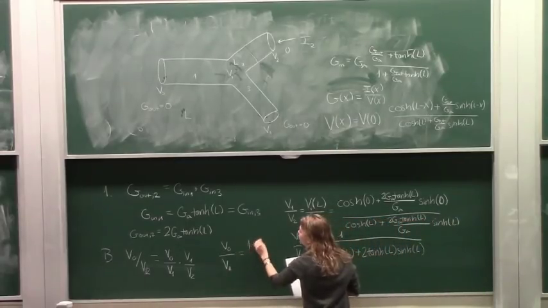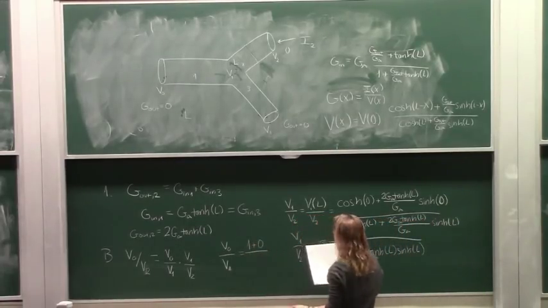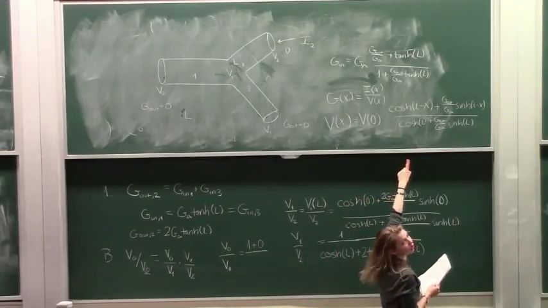So that's 1 plus 0 over hyperbolic cosine of L.